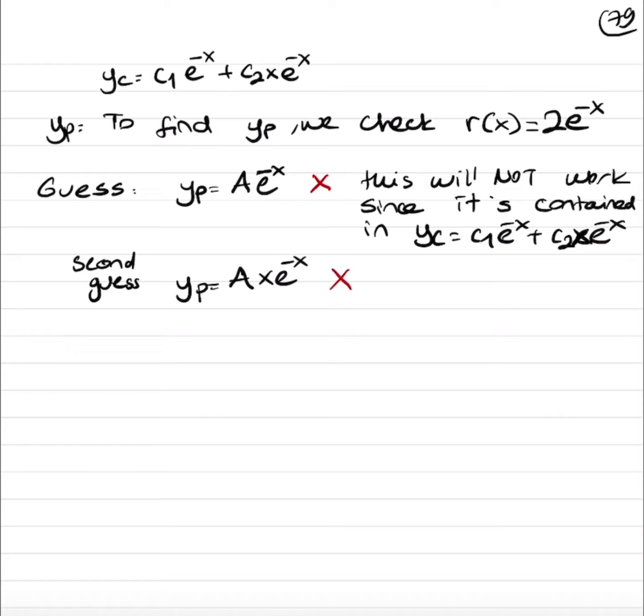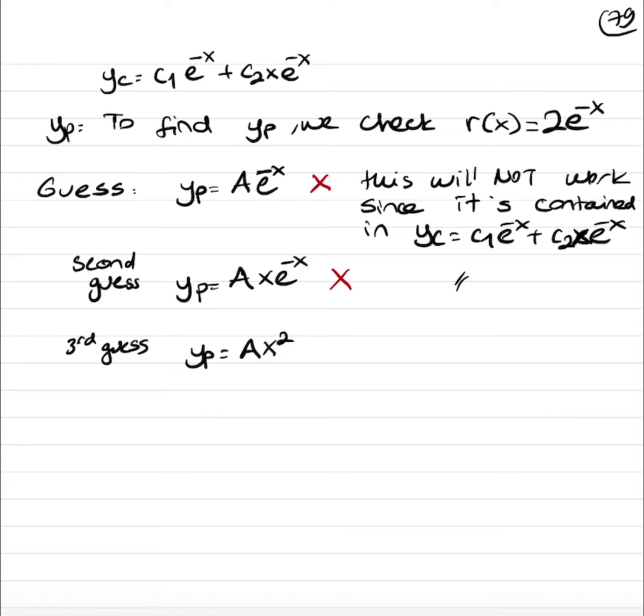But our third guess, this time it will work. Let's multiply one more time: a x squared e to the power minus x.